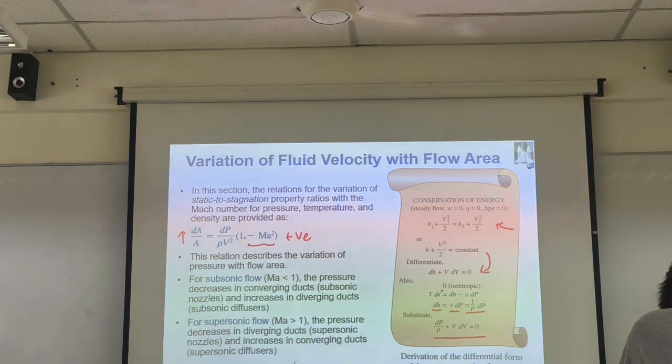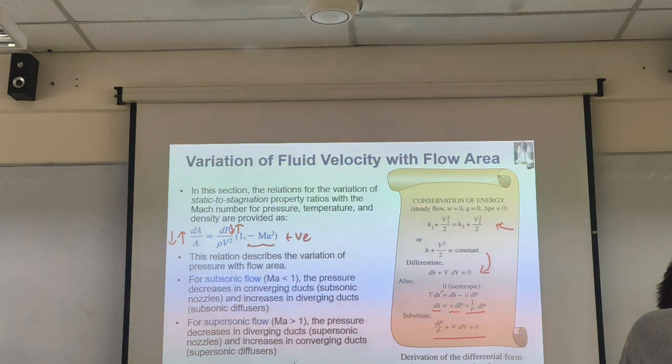So the pressure decreases in converging ducts and increases in diverging ducts. It means that if this increases, this will increase, and if this reduces, then this will reduce, if Mach number is less than 1.